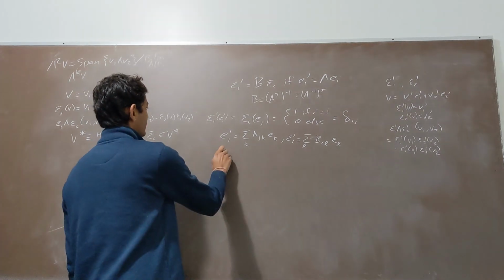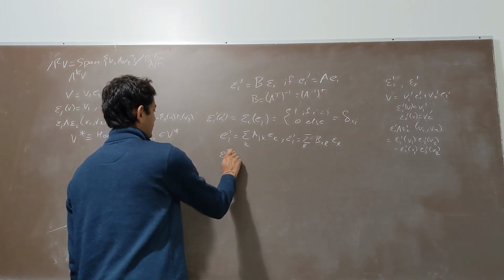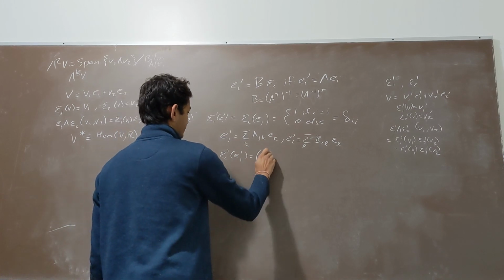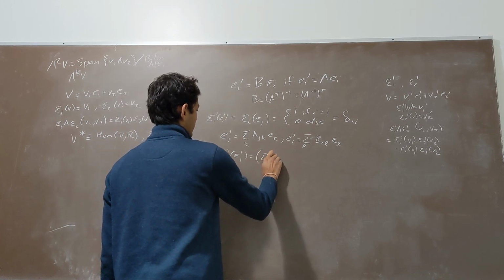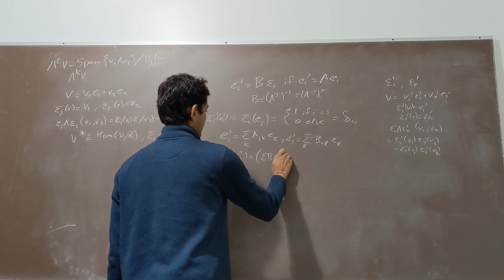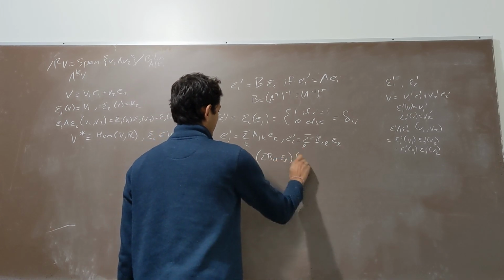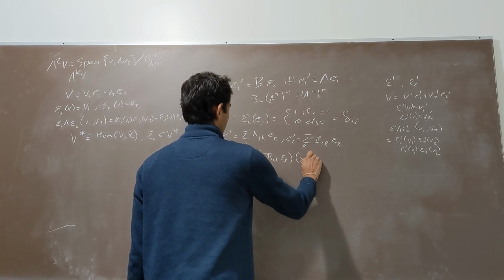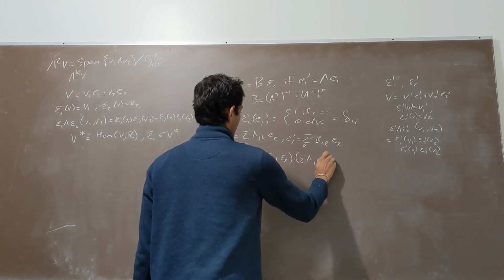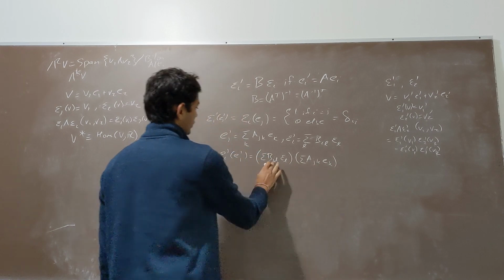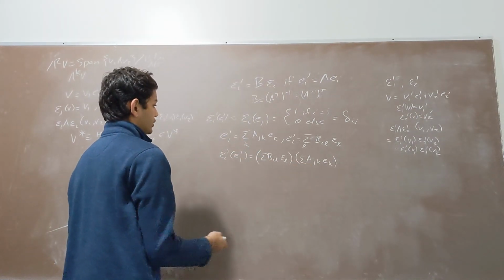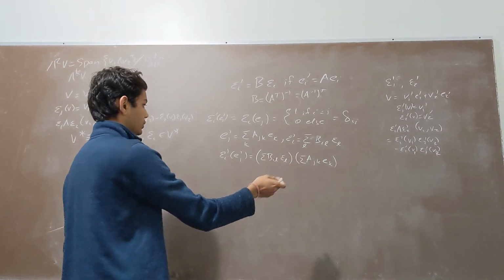So we have epsilon i prime of e j prime is equal to the sum of b il epsilon l evaluated on the sum of a jk e k. And well, now b il and a jk are just numbers, and you can check that the linearity all works out.